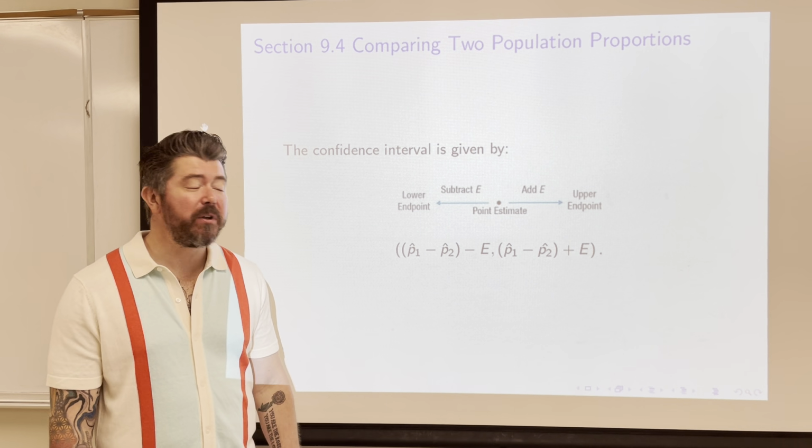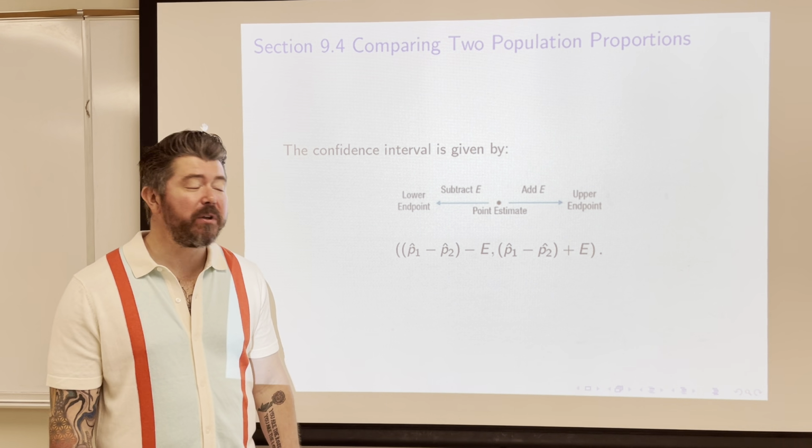Let's look at an example. In order to determine if a new instructional technology improves students' scores, a professor wants to know if a larger percentage of students using the instructional technology pass the class than the percentage of students who did not use the new technology.